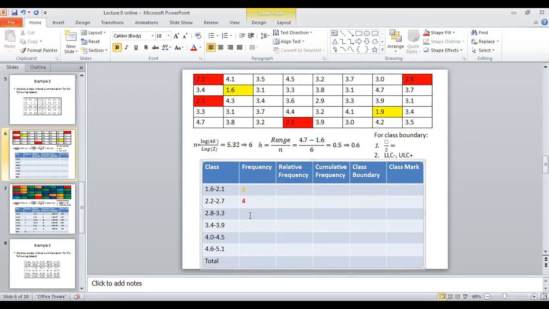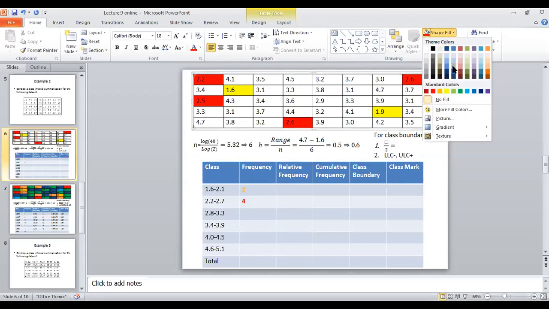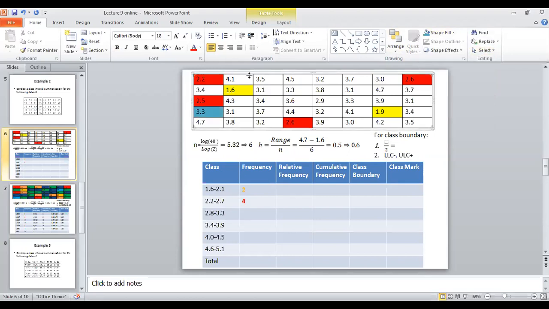Then from 2.8 to 3.3, we have got one value, so let's mark it with, let's say, blue color. From 2.8 to 3.3, then this one as well, just another one, and just another one.